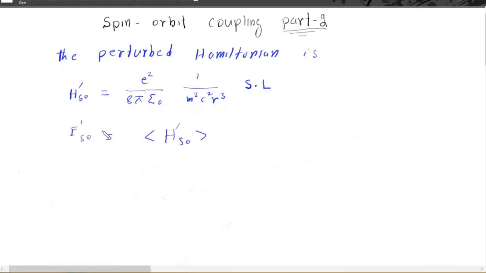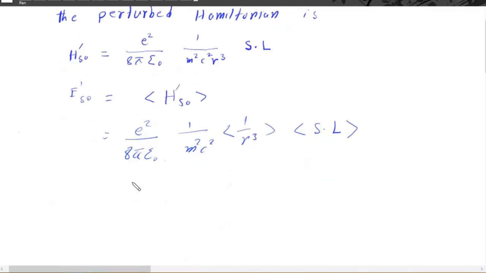Now we will find the first order energy correction to the spin orbit coupling, which is as simple as the expectation value of this Hamiltonian: e squared divided by 8 pi epsilon naught, 1 over m squared c squared, the expectation of 1 over r cubed, and then the expectation of L dot S. Now we will find these two values and put them here.